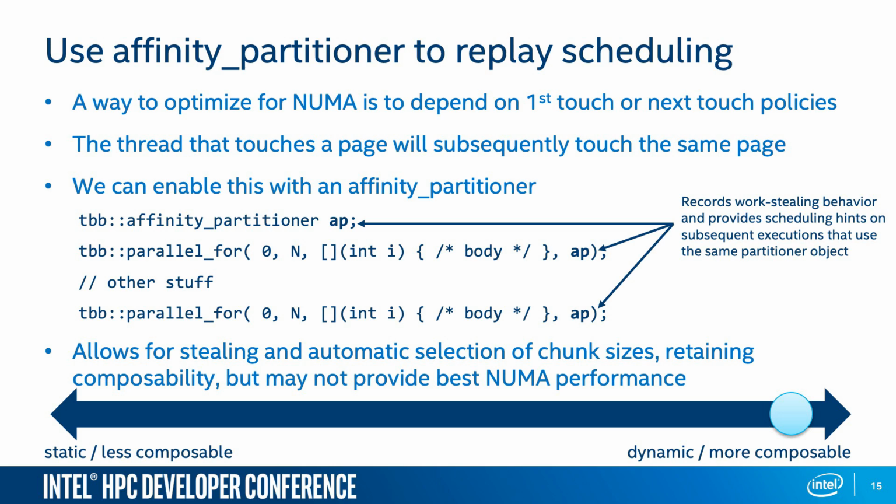On a scale of composable to not composable, this is pretty composable because it's a hint, and you haven't done anything to say, put this task on this core. You're just saying, remember what you did, and try to recreate that kind of scheduling again. This can help with locality on NUMA architectures.